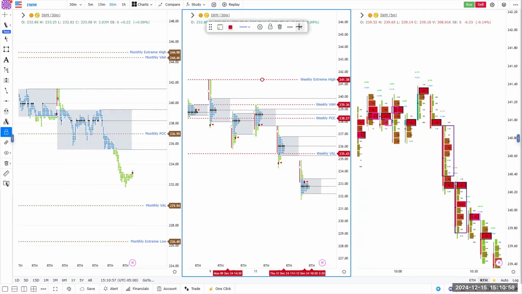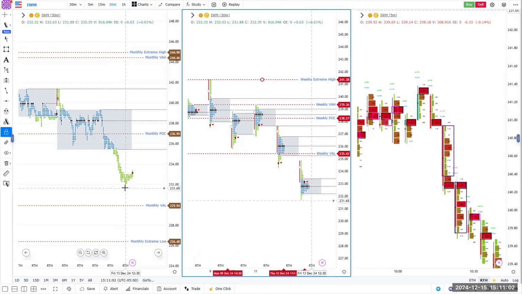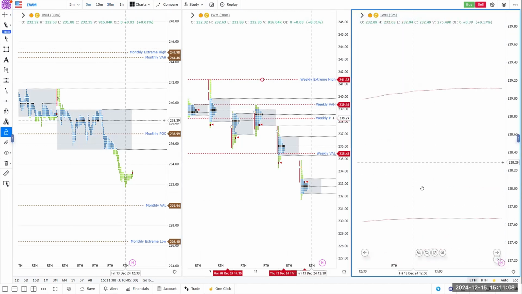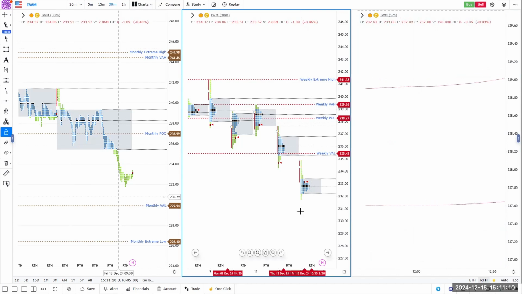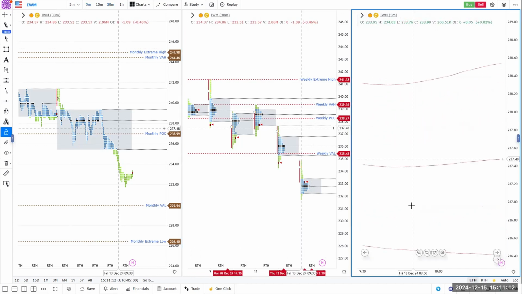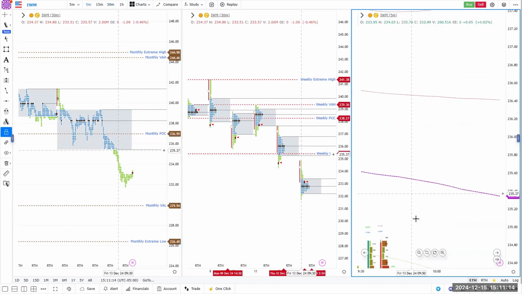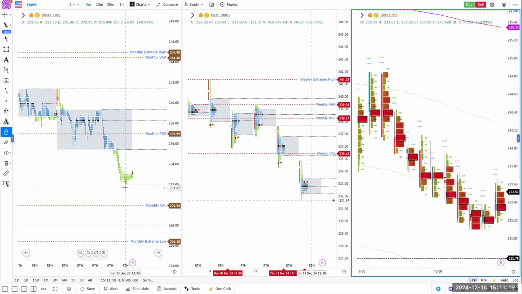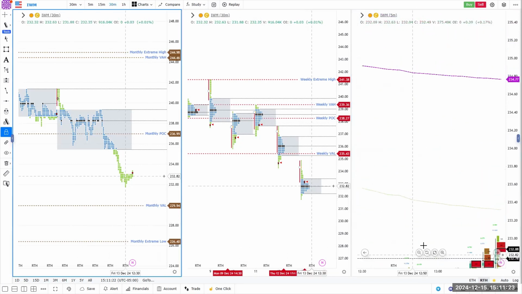All right. And then the last number we're going to do for the week is the extreme low, and that was put in on Friday the 13th. So we're going to have to go all the way back to Friday, down to the 231s. And it looks like it was put in Friday at 12:30.